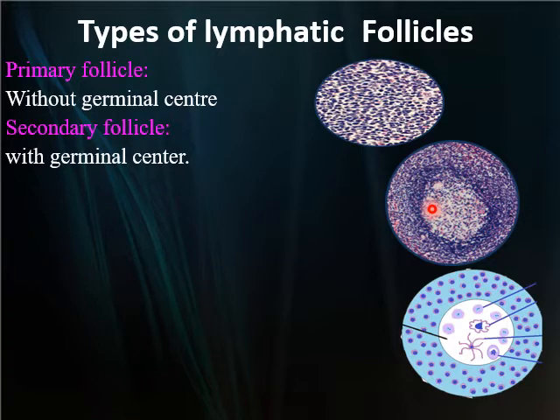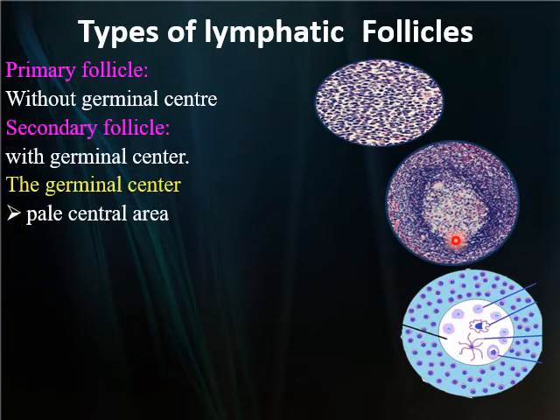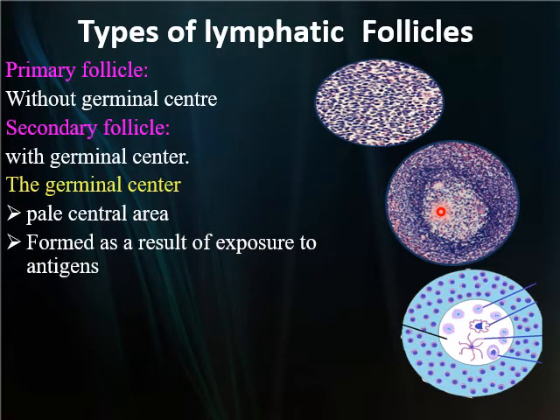So what happened to this follicle to have a germinal center? The germinal center is the pale area in the center of the follicle. It is formed as a result of exposure of the primary follicle to an antigen.